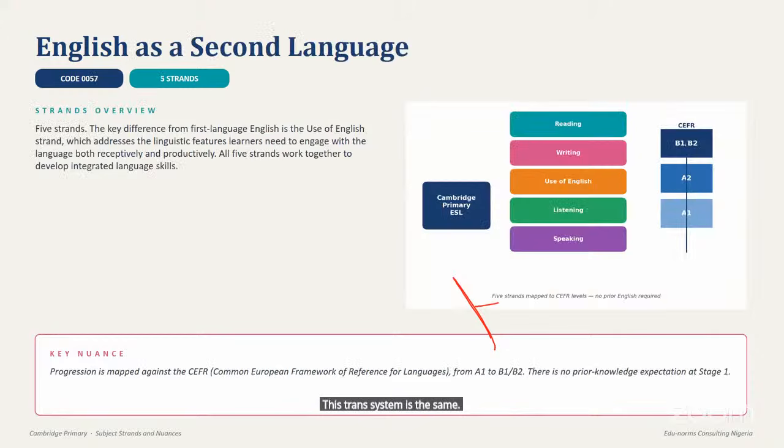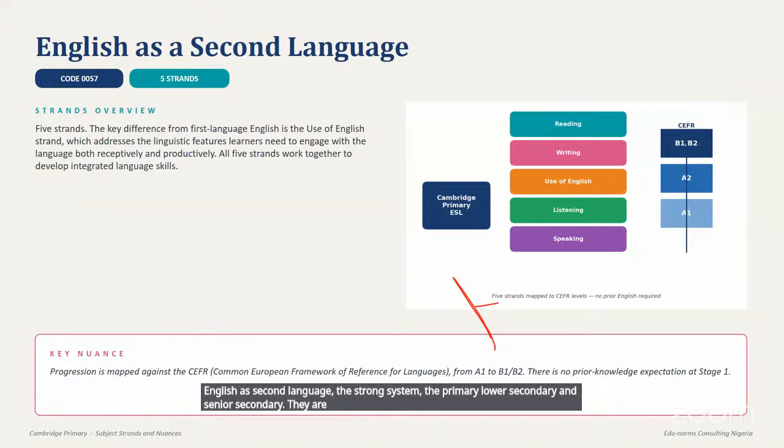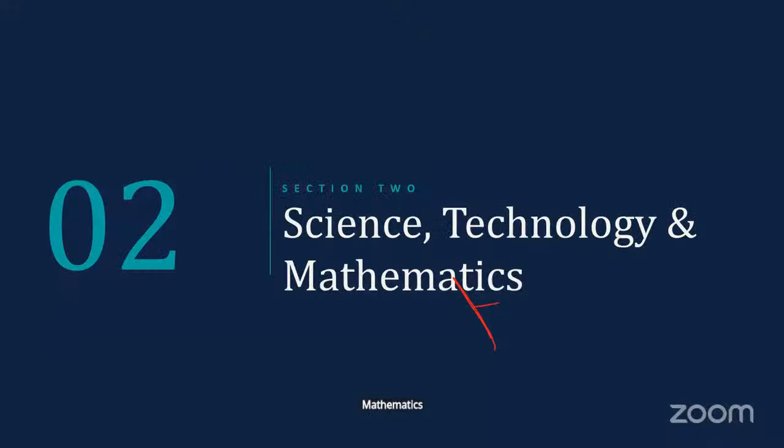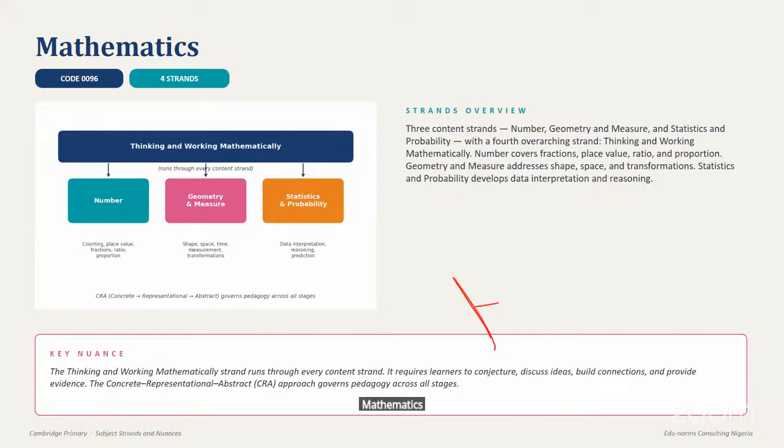English as a second language, the strand system for primary, lower secondary, and senior secondary is the same. Mathematics is the same also. The number of strands, 6 strands, is the same: number, geometry and measure, statistics and probability, thinking mathematically, and algebra. The nuance is the nuance, and the strand is the strand.